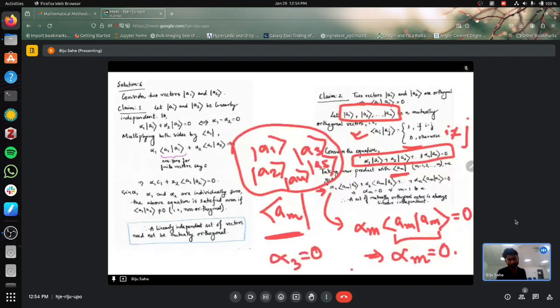Equally, I have the right to choose m equal to 2 and get alpha 2 equal to 0. Similarly, I can obtain all other coefficients to be equal to 0 if this condition has to be satisfied. So using this for all arbitrary vectors in this set, we can claim that the individual coefficients have to be 0. That says that n mutually orthogonal vectors are always linearly independent.